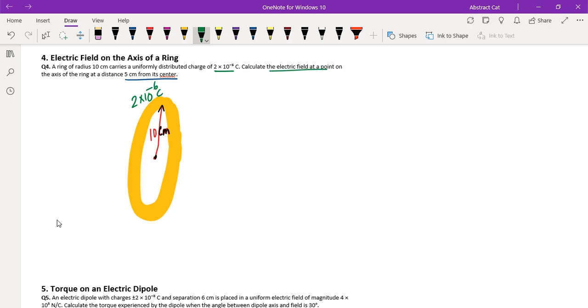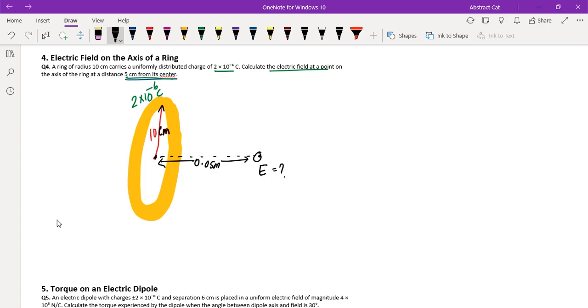Calculate the electric field on the point on the axis of the ring 5 centimeter from the center. So here 5 centimeter from the center, the distance is 5 centimeter means 0.05 meter. Calculate electric field here.